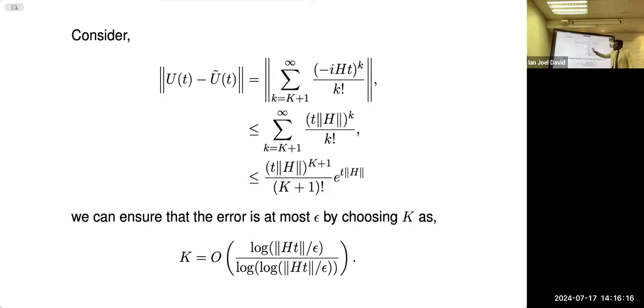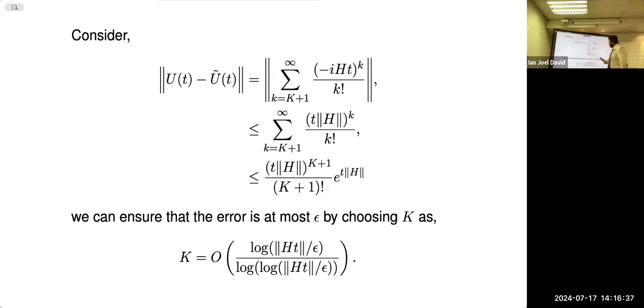And we see already that the error is bounded by a prefactor, which is e to the t times the norm of H. And, as I mentioned last week, we don't like exponential factors when we have complexity scaling because it means that things are going to blow up very quickly in terms of our complexity.